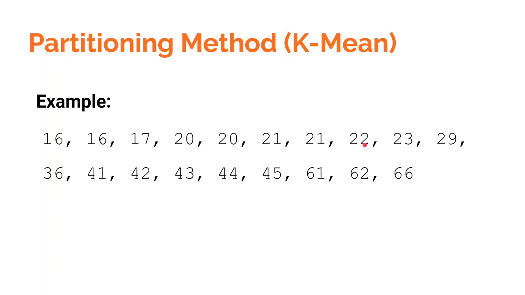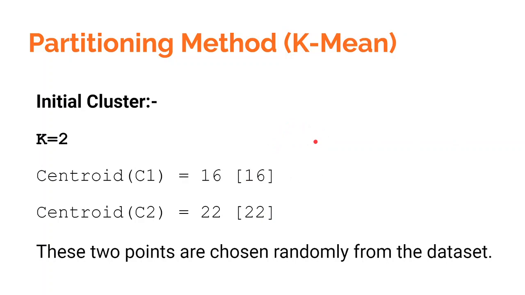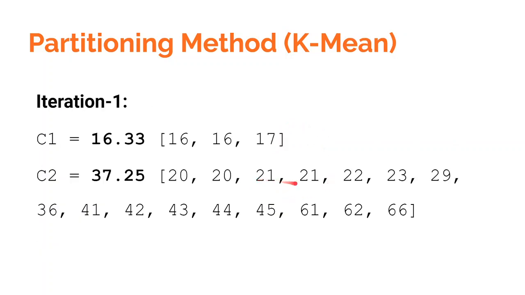So again, the 22 value is nearer to 21, so I will put this 21 value in the second cluster. Since 22 is the second centroid mean value, this value is already part of the second cluster.